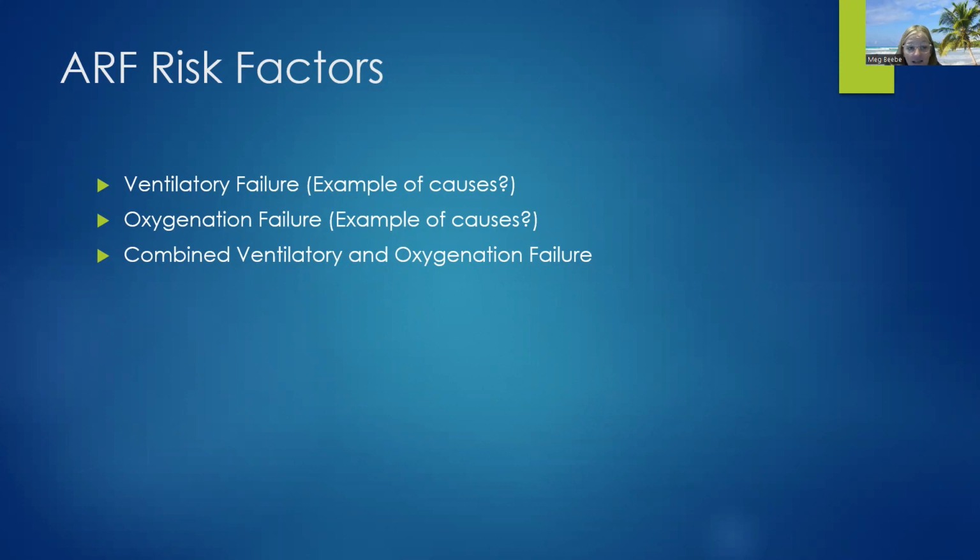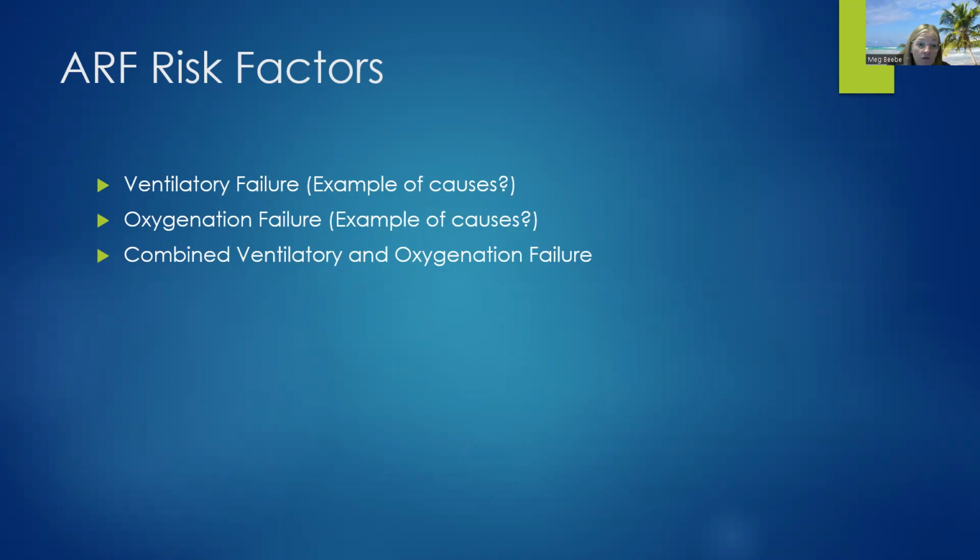Oxygenation failure can be secondary to pneumonia, hypoventilation, hypovolemic shock, pulmonary edema, pulmonary embolism, ARDS, low hemoglobin, low concentrations of oxygen in the blood, carbon monoxide poisoning, high altitude, and smoke inhalation.